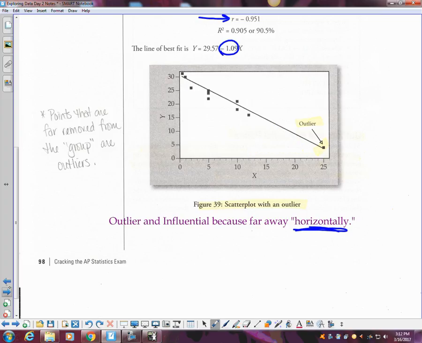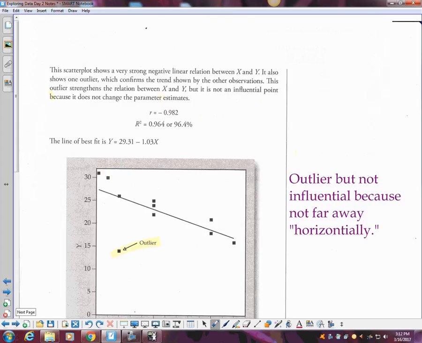But if I'm far away from the line vertically, I'm not going to pull the line. He's pulling the line a little bit down, but not tons, because I've got all these other guys kind of holding it steady. So it's an outlier, but it's not influential because it's not far away horizontally. Again, go back and look at this one.